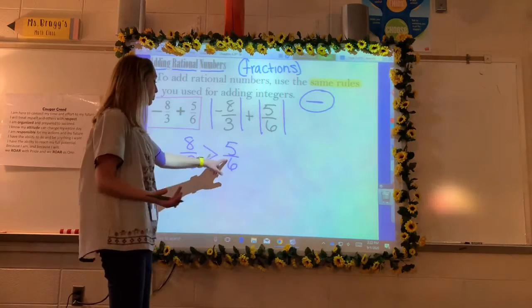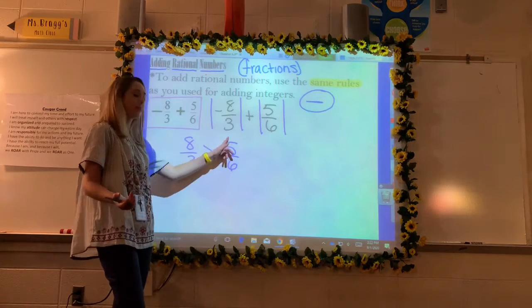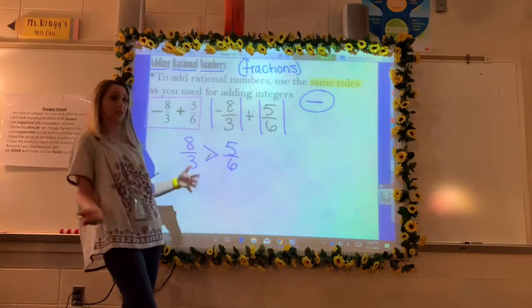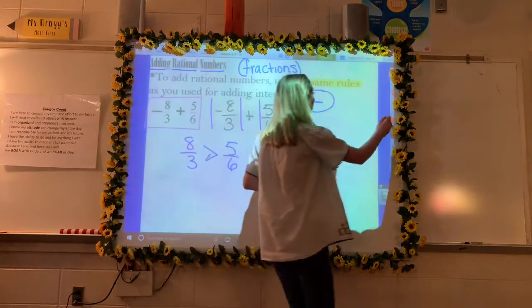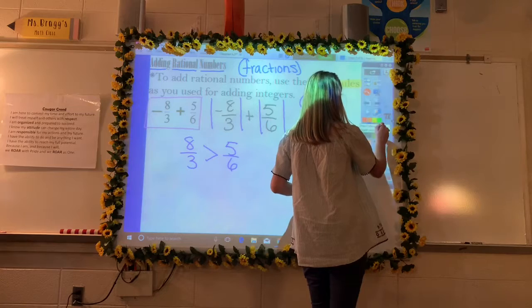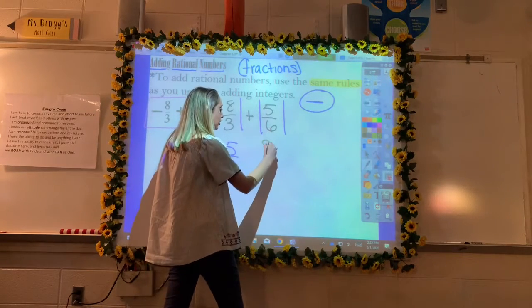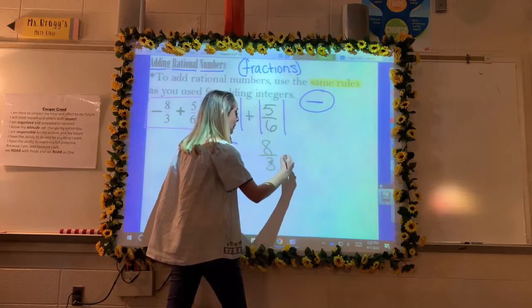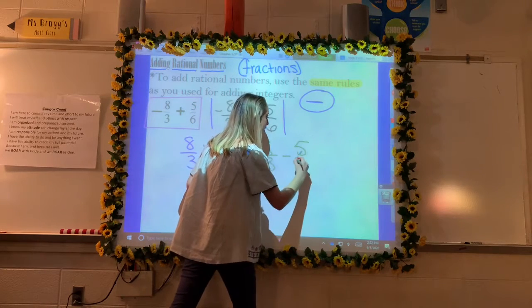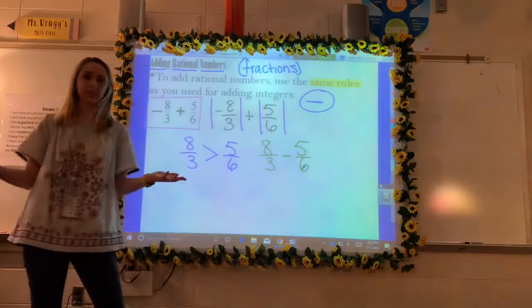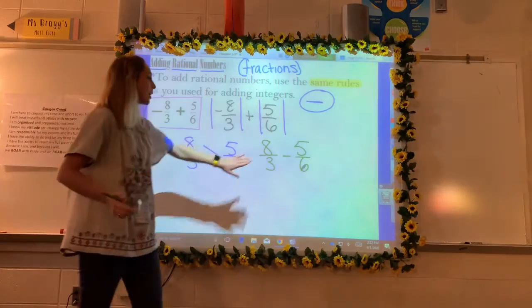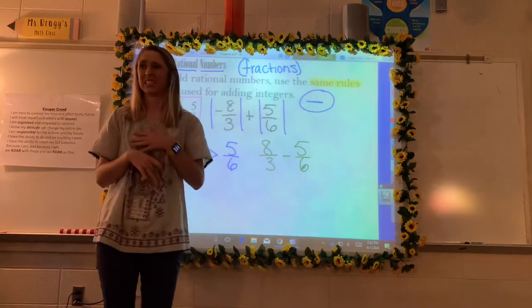So we are subtracting 5/6 from 8/3, correct? So I'm going to rewrite that so I know exactly what I'm talking about. Again, y'all know I like to rewrite stuff. So we're going to be looking at the green. So 8/3 minus 5/6. Easy peasy, right? Okay? Now, fractions.